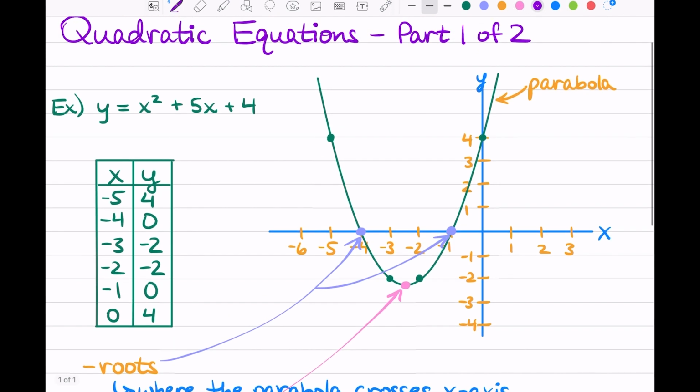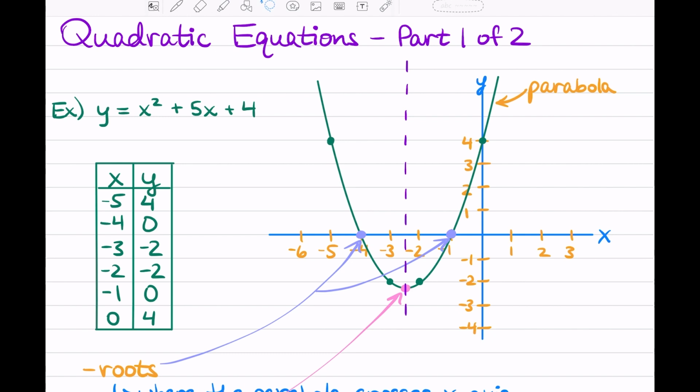And if we draw a vertical line through the vertex, this line divides the parabola in half. You can think of it like we're cutting a sandwich. When you make a sandwich, you cut straight down the middle to create 2 equal parts of the sandwich. That's what we're doing here. This purple dotted line creates 2 halves of the parabola, and we call it the line of symmetry.